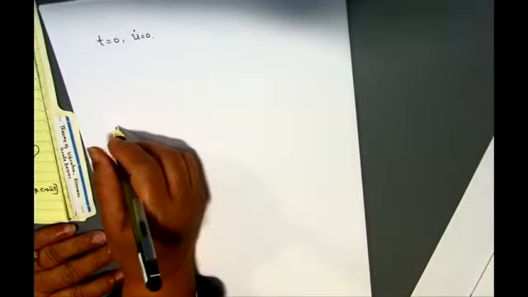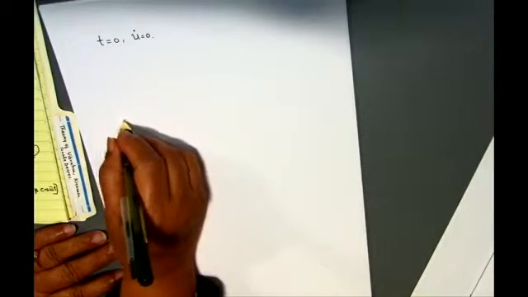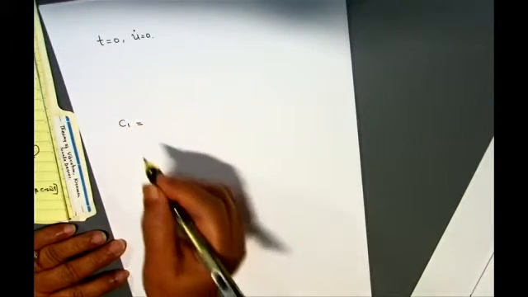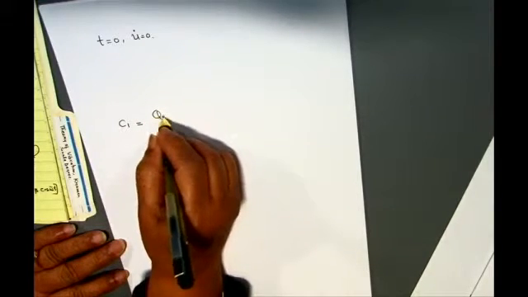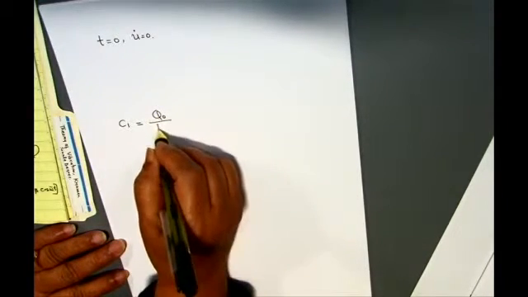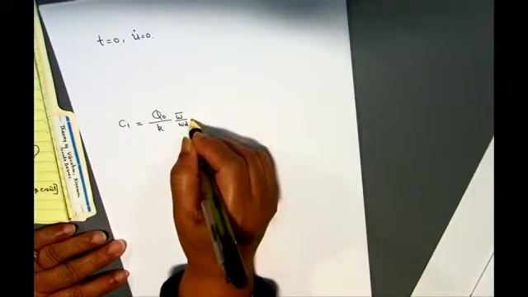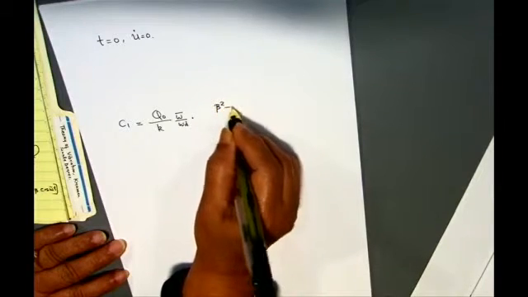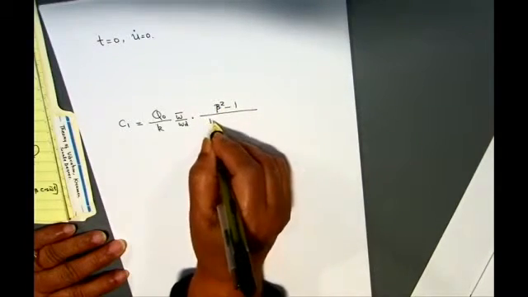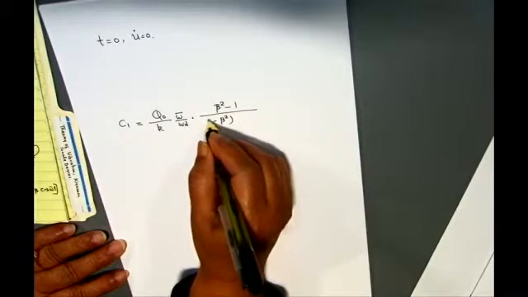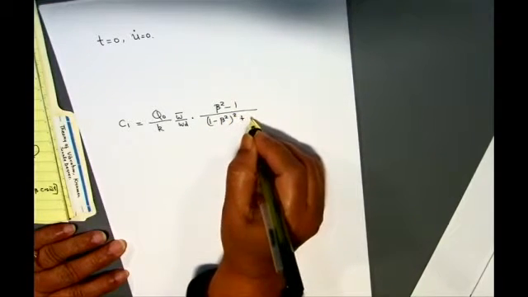I'm going to skip some space here and write the value of C1 you should be getting, which will be q0 over k, omega over omega d, times beta square minus 1 minus beta square over (1 minus beta square) whole square plus (2 zeta beta) whole square. Okay, that is the value of constant C1, and you should get this value.